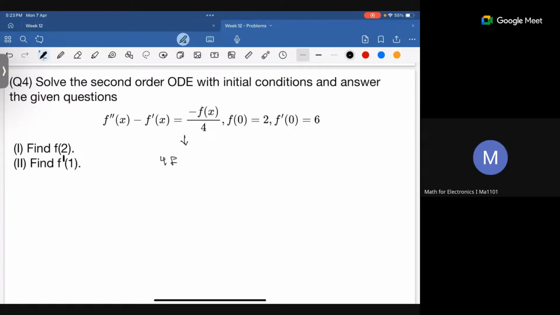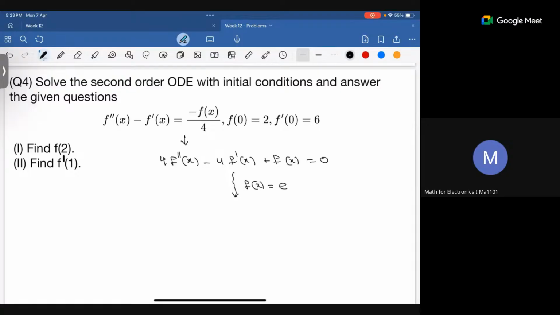So 4 f double prime of x minus 4 f prime of x plus f of x equals 0. Right. So you just have to multiply by 4, take that f of x to the left hand side. So you'll have this.